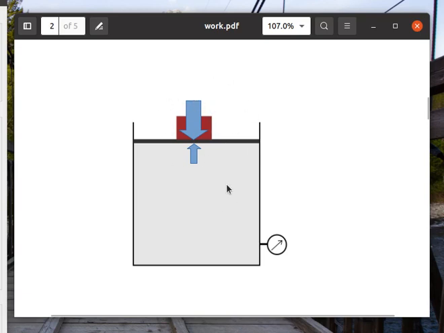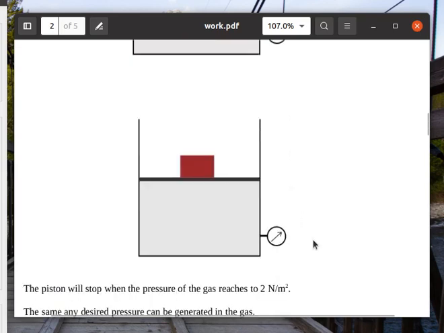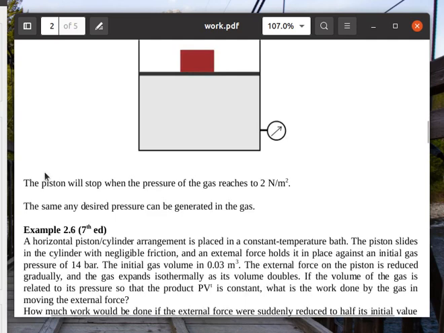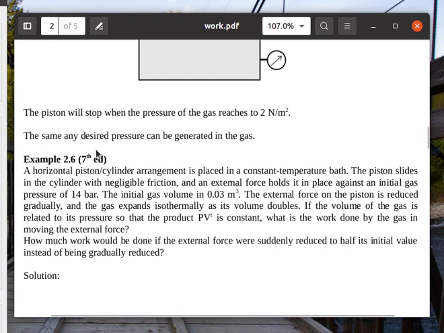The piston will move down, and when the forces come to equilibrium, it will become stable and not move, and the pressure of the gas will be exactly the pressure you applied from the outside. So the piston will stop when the pressure of the gas reaches 2 Newton per meter square. In the same way, any desired pressure can be generated in the gas.